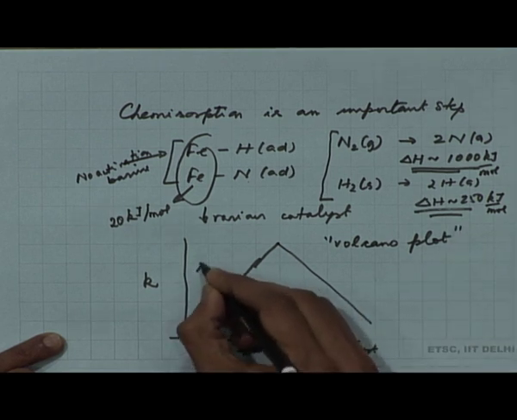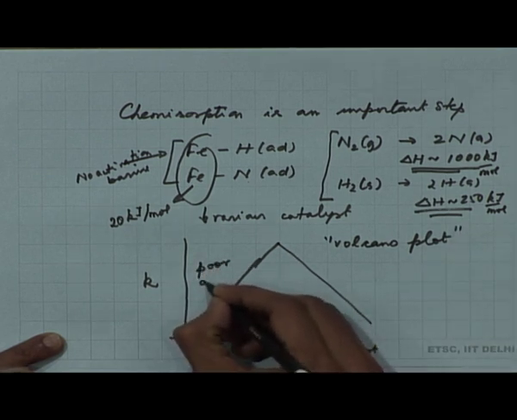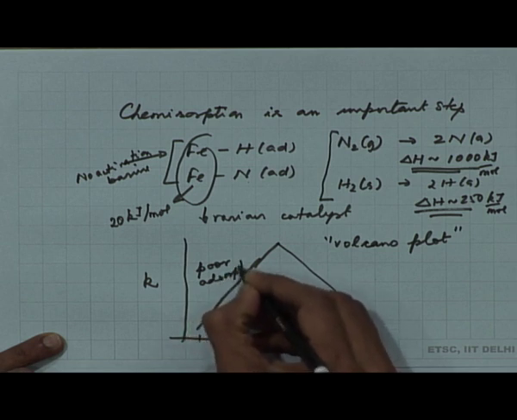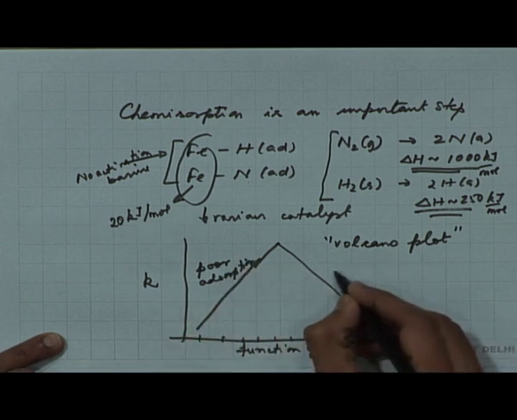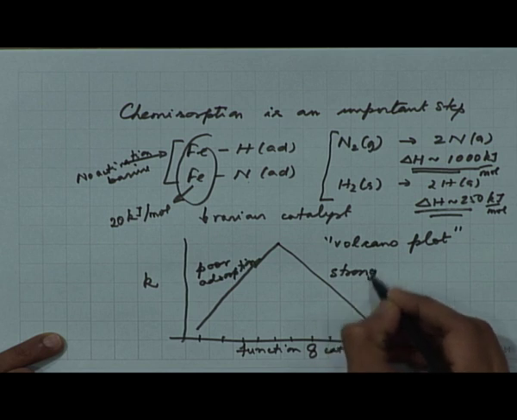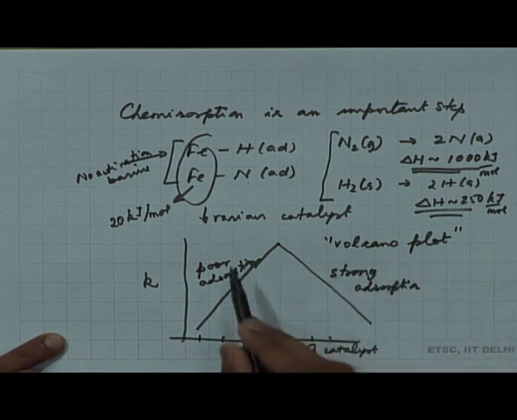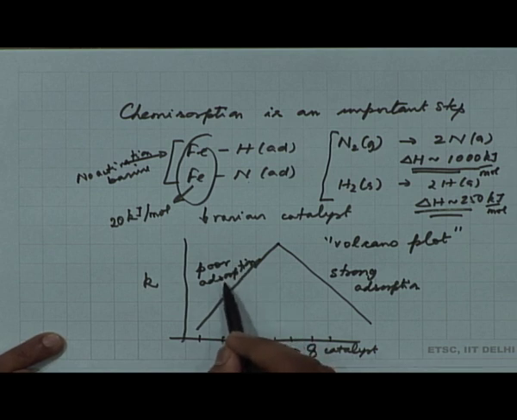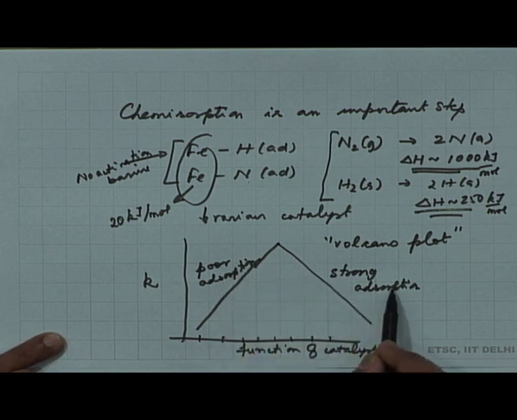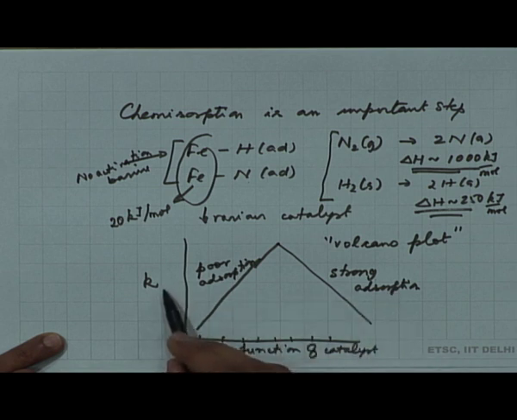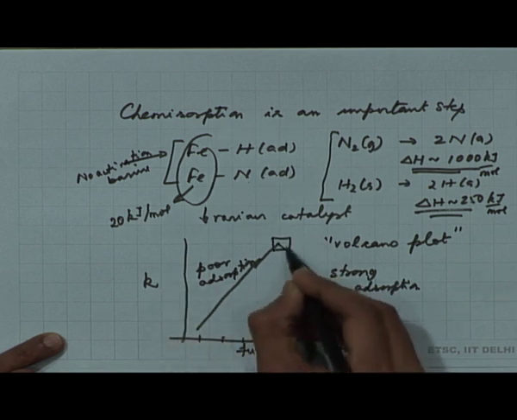So, here you have poor adsorption, and here you have strong adsorption. So, either when you have poor adsorption or when you have strong adsorption, the rate constant is not optimal.